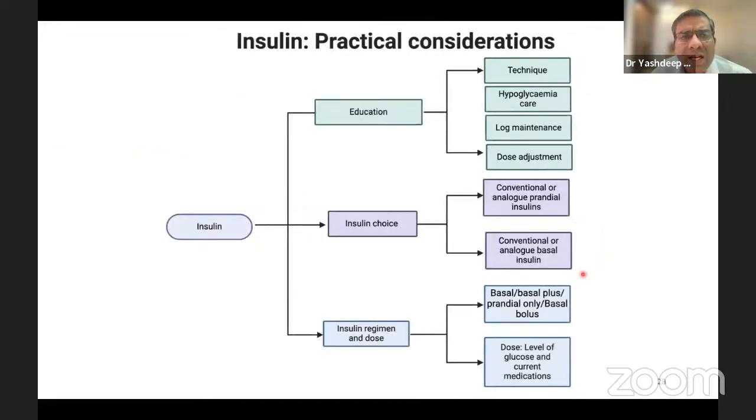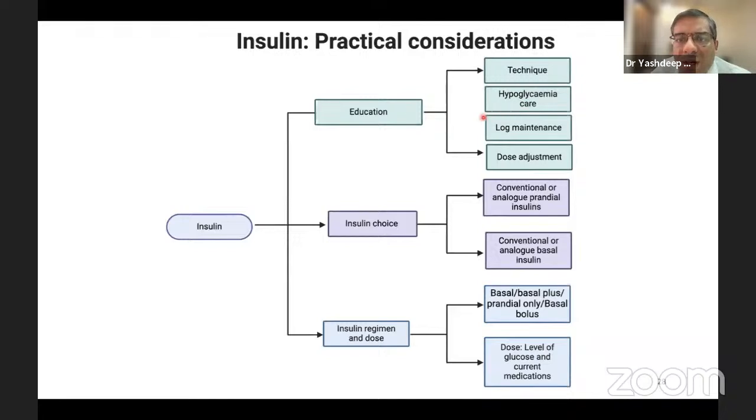So this is a general slide on insulin, it's not limited to pregnancies. It's a general dictum which we have to follow routinely in day-to-day care practice. When we talk about education, we have to teach a patient the insulin technique so that they take the right insulin in the right manner. We have to teach them how to prevent hypoglycemia, and if hypoglycemia happens, how to take care of that.